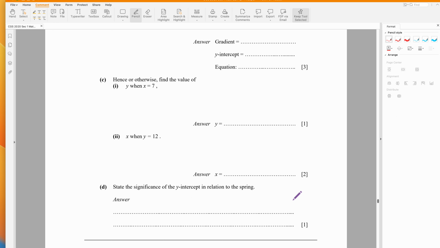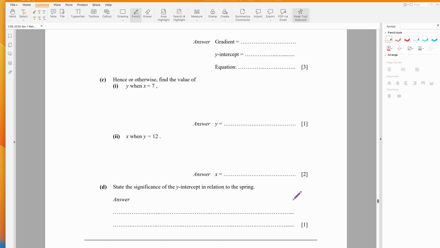X equals what? 0? No. Y equals 12, then it's 0, you come down. But isn't it? No, wait. Your y equals 12, right? What is the x? If you come down, this is x equals 0.